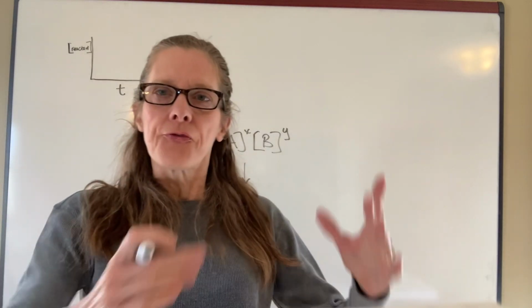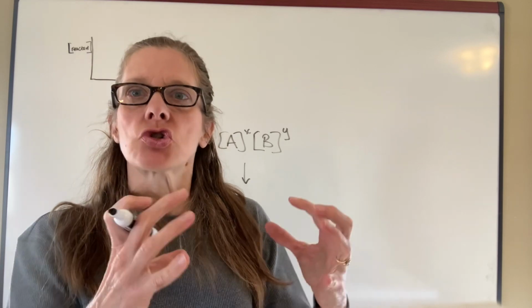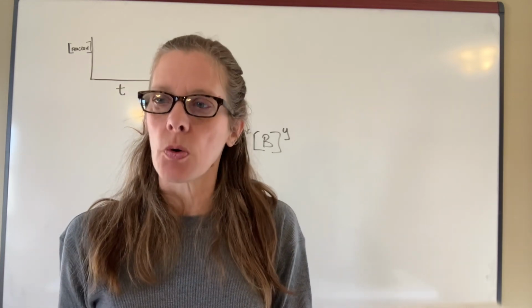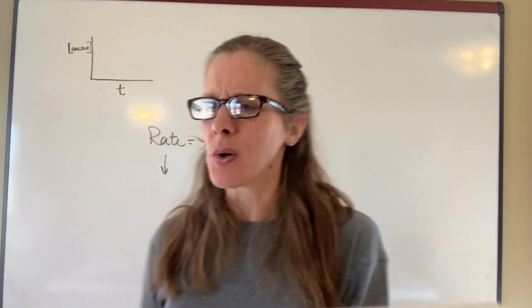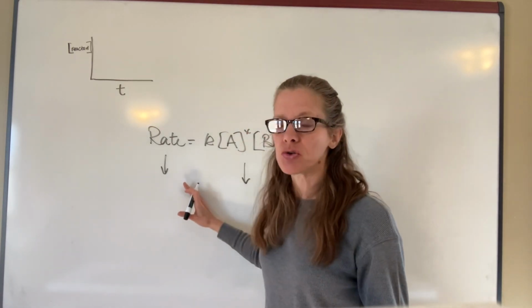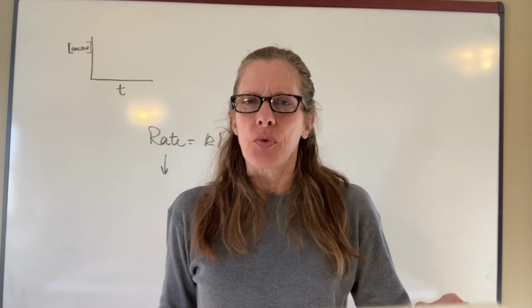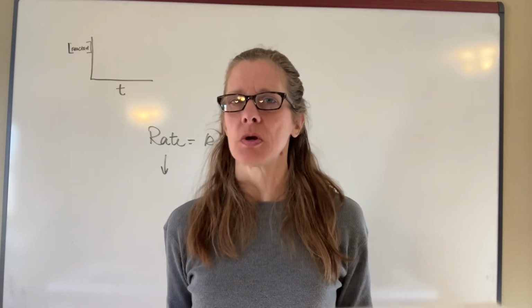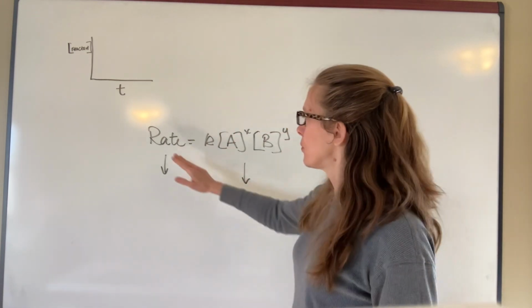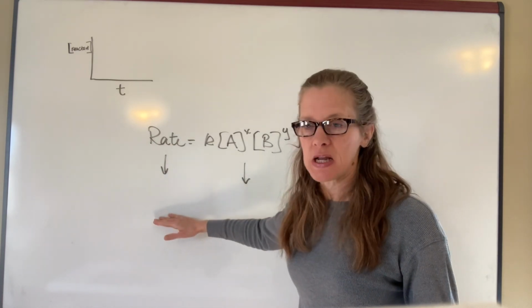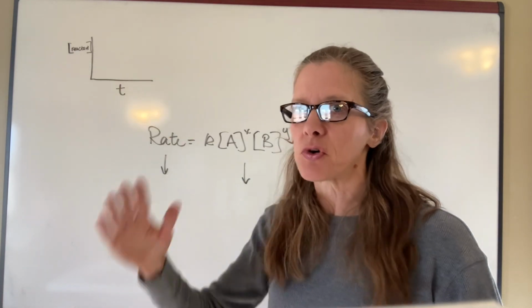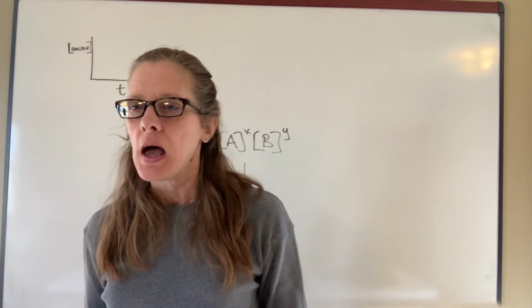So the further along you get in the reaction, the slower and slower it's going to go. And so this is another really good illustration of why we said earlier in the year, reactions never truly go to completion, because the rate just slows down and slows down. It's like it never quite finishes up.